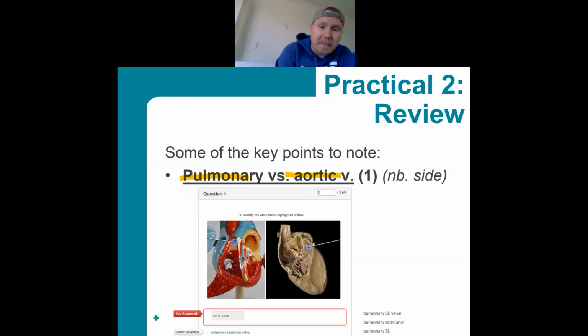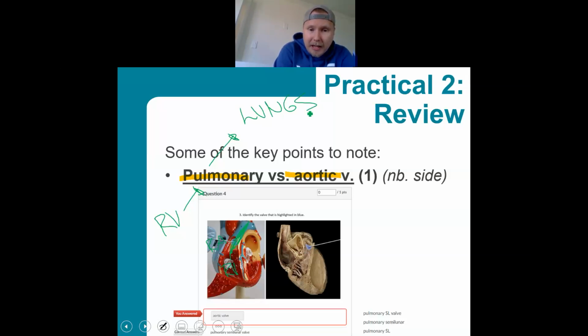So again, as a reminder, here we see the right atria, right ventricle. And from the right ventricle we have, of course, our pulmonary trunk coming out, and the pulmonary system leads to the lungs. Whereas from here we have left atria and left ventricle.